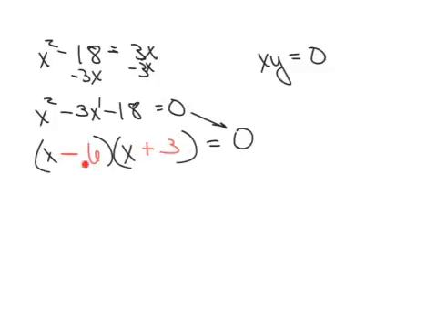Well, what number can I put in here for x that's going to make that 0? Well, it's always going to be the opposite of that. So x has to be 6 in order to make that 0. x has to be equal to negative 3 to make that equal to 0. Okay, so that's what I'm looking for. Two answers, so that if I put one of them in, I get a 0. I put one of them in here, I get a 0.